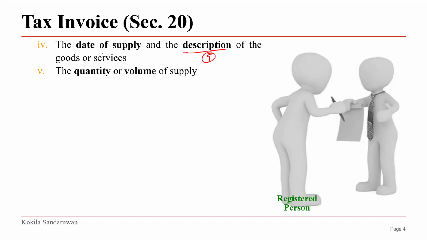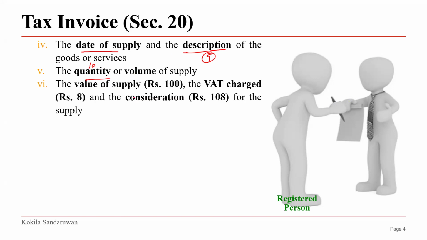Date is there, but date of supply I haven't even seen on many invoices, but if you wish you can include it. Number 9 would be description, 10 quantity or volume of the supply, how much you're selling, 11 value of supply, 12 VAT amount, and 13 total consideration.